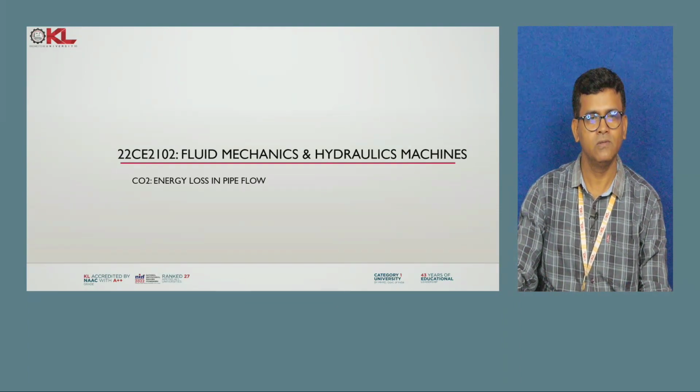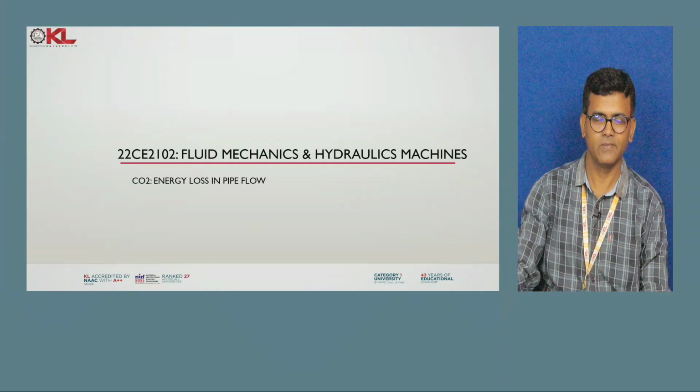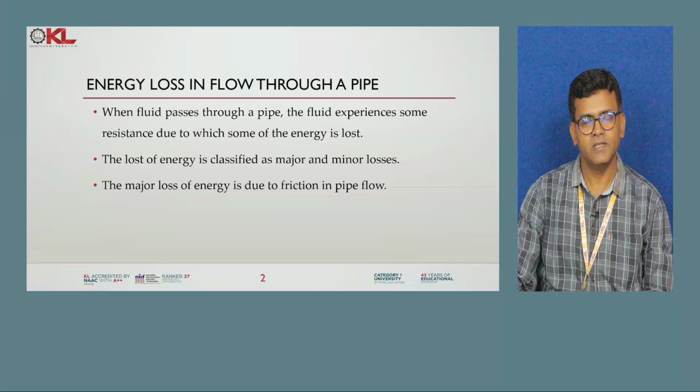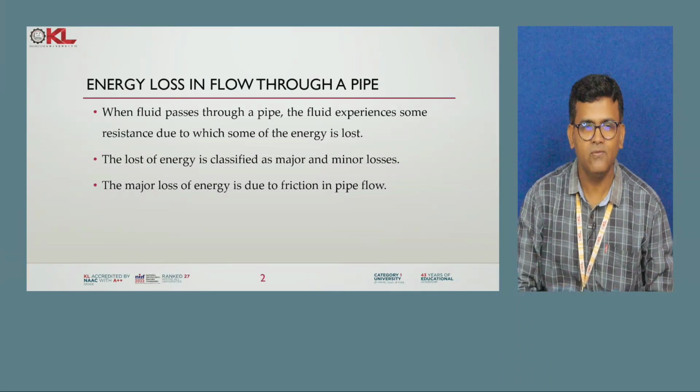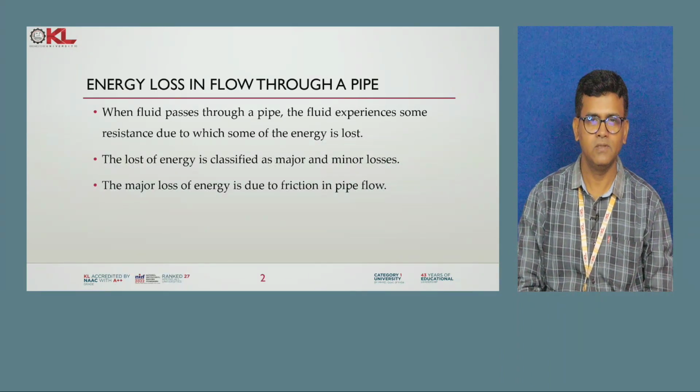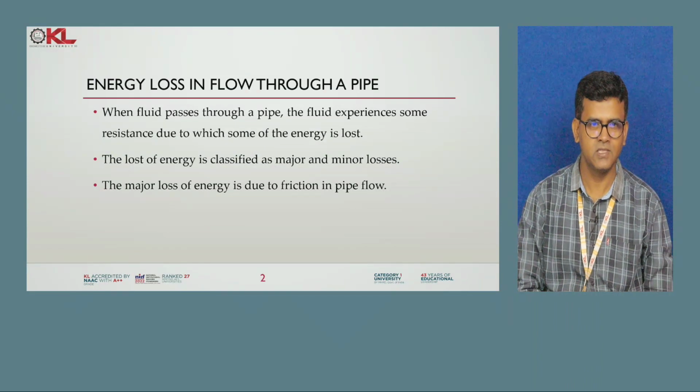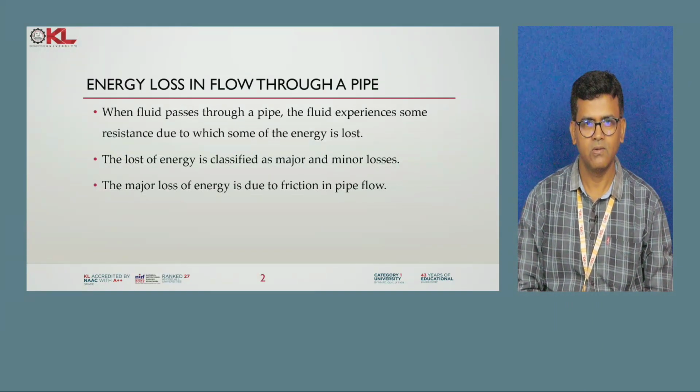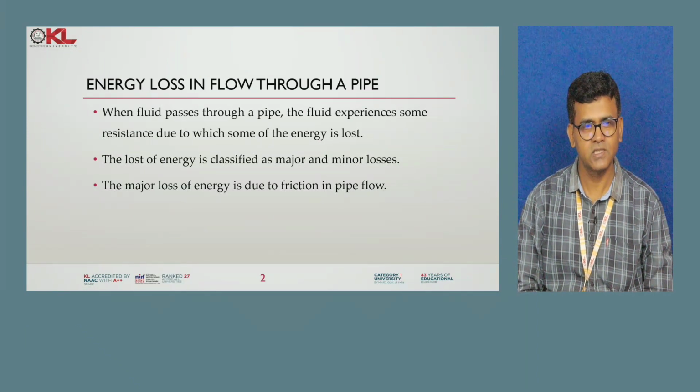Today we are going to discuss the energy losses in pipe flow. When the fluid flows through a pipe, the fluid experiences some resistance due to which some energy is lost. Why will the fluid feel the resistance?